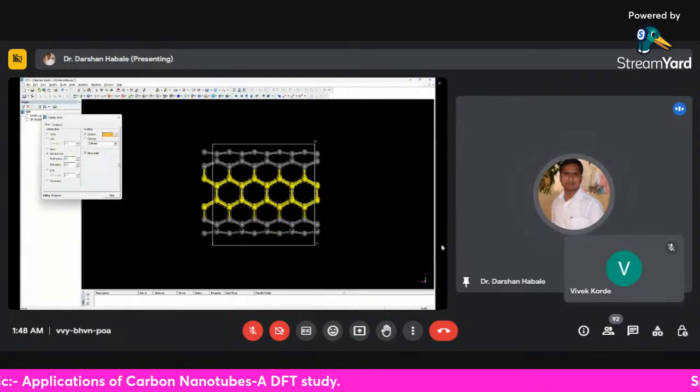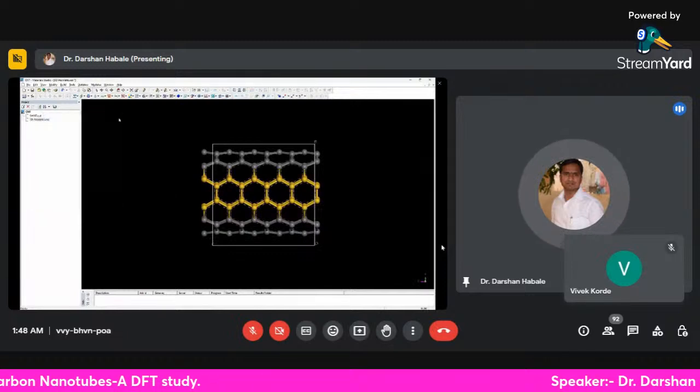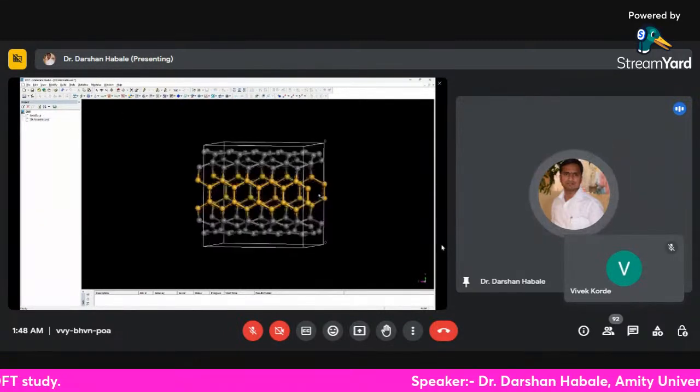So you can change the color. The gray color is the default color, but you can change any color for this carbon atom.